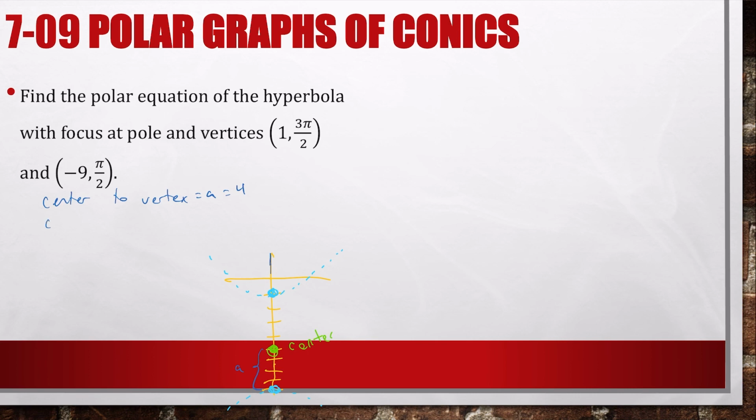And the center to the focus is C. The focus, remember, is the pole, and that looks like it's 5. The eccentricity is C over A, which would be 5 over 4.